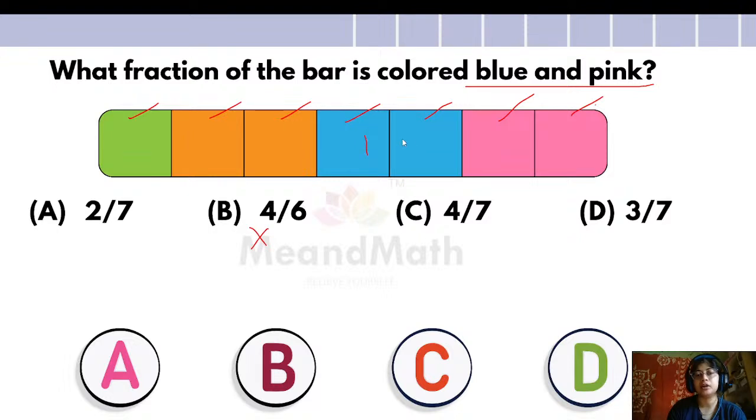That's 1, 2, 3, and 4, right? Rest are different colors. So we have 2 blue and 2 pink, that is total 4 parts. So our numerator should be 4. And that option is C, 4 by 7.